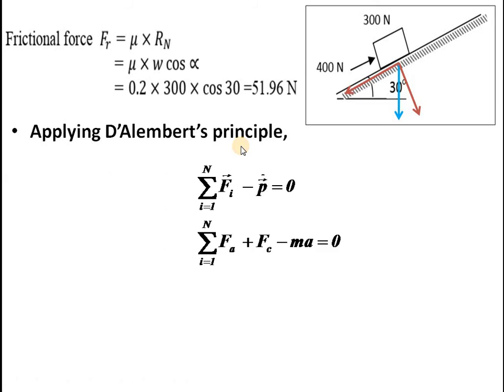Applying D'Alembert's principle, what do we get? We have the applied force, and we have a constraint force. It is opposite, not perpendicular, so we have to count it. Whereas the normal reaction you can remove, because the displacement and the normal reaction are purely perpendicular to each other.